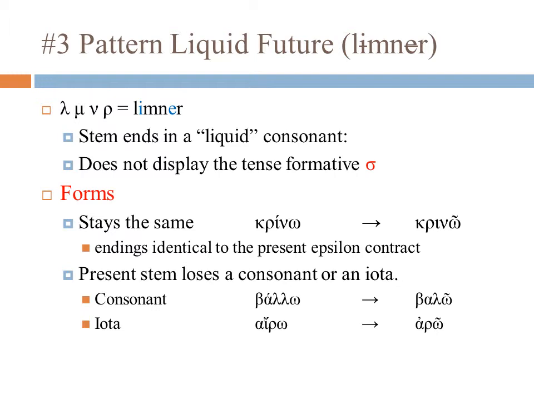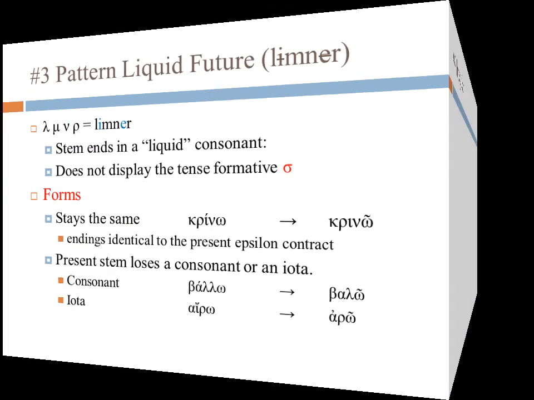And the iota, I row, falls out in the future as well in the liquid. So I row, and you'll see that liquid rho there. Anytime you see a liquid, rho, lambda, nu here, expect something. So I row merely goes to a row with the accent on the omega, and the iota falls out.